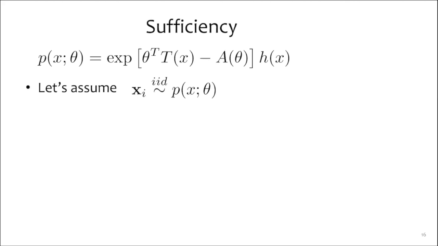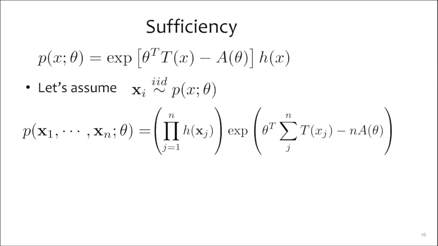These are IID, right? The joint distribution is the multiplication of all of these. So the joint distribution of x1 to xn, sampled from this distribution, can be written as a multiplication of this base measure and this theta term that goes out, with the sum of the sufficient statistic.